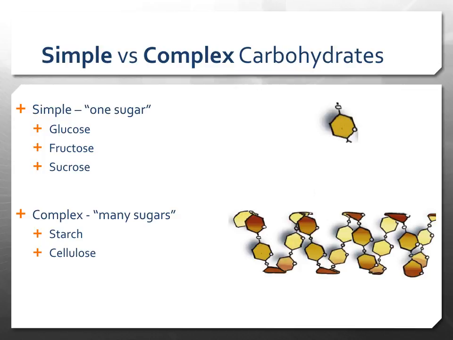What are our simple sugars or simple carbohydrates? That's the glucose, fructose, and sucrose. These are the simple sugars found in our food, like fruits. Fructose. Sucrose is sugar, naturally occurring sugar, like in cane sugar.